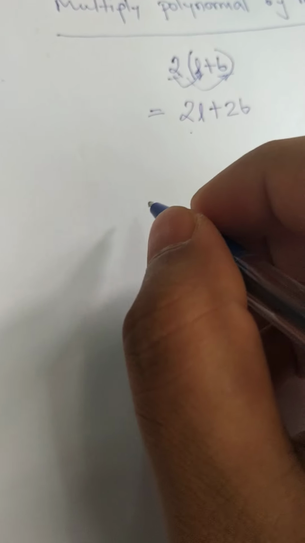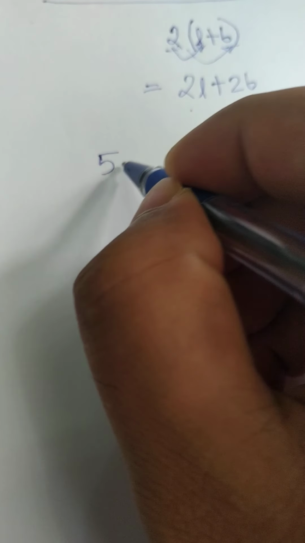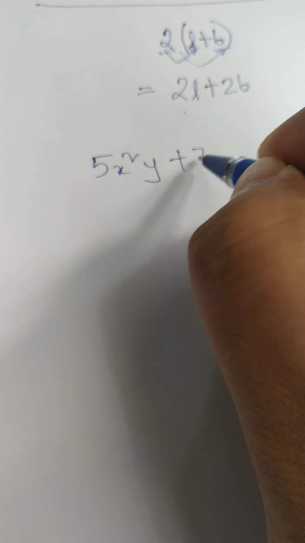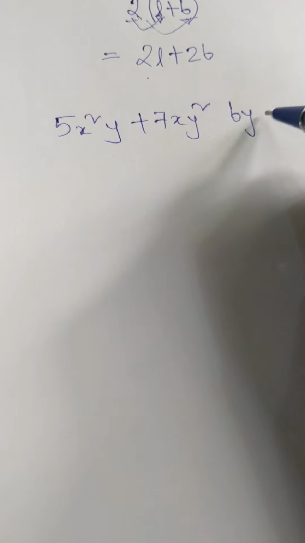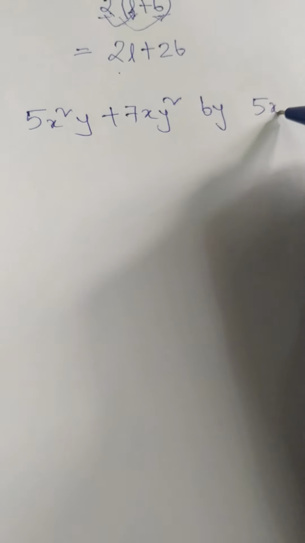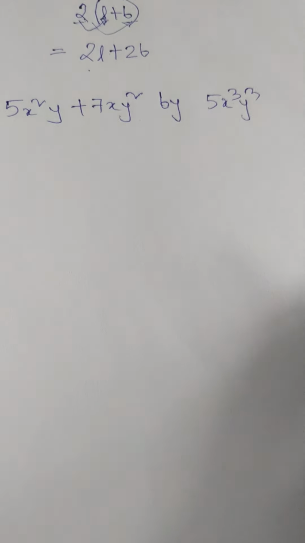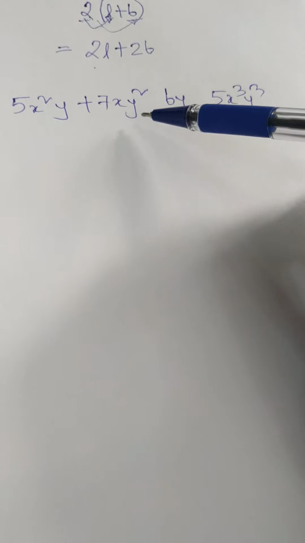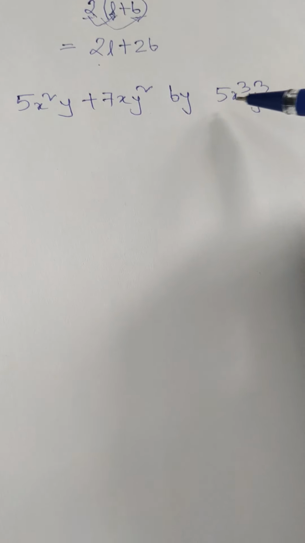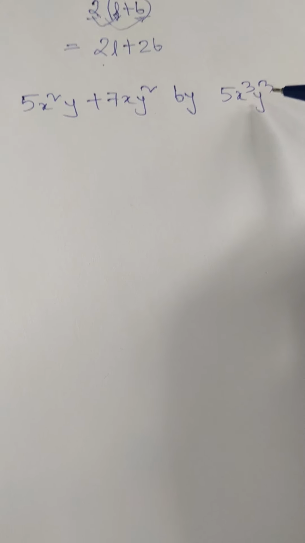Okay, so let's now start with an example. Let's take an easy one first. Let's say I have a polynomial 5x square y plus 7xy square, and we need to multiply it by 5x cube y cube.